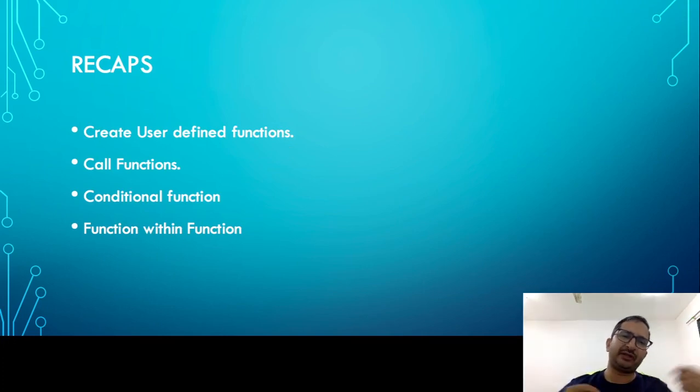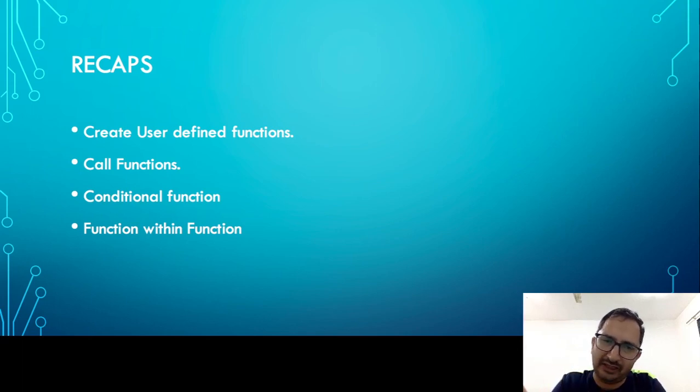So we will quickly recap what we have learned today. We have learned what a function is. A function is a block of code that can be reused. Reusability of code. Second, how to define a user defined function: the keyword function followed by the function name. The function name should start with a character or underscore.